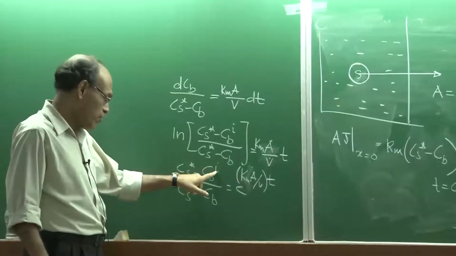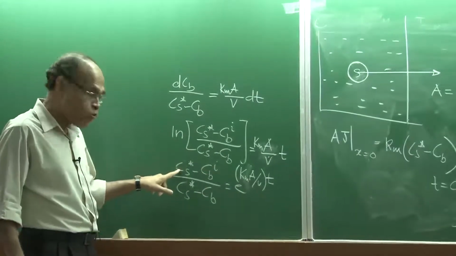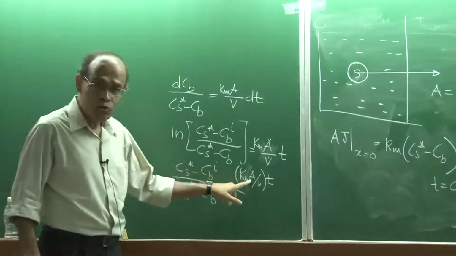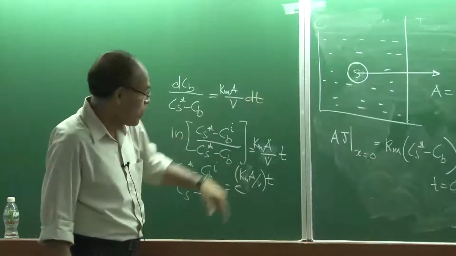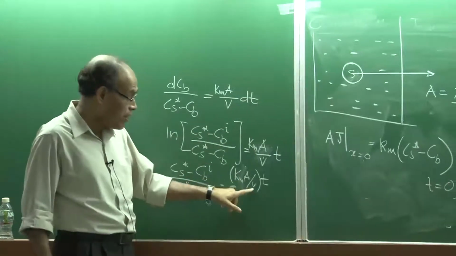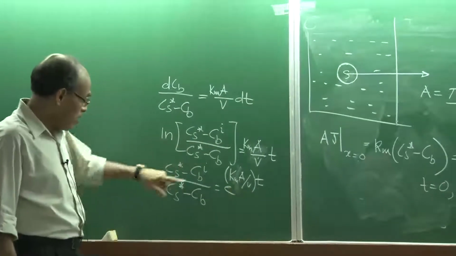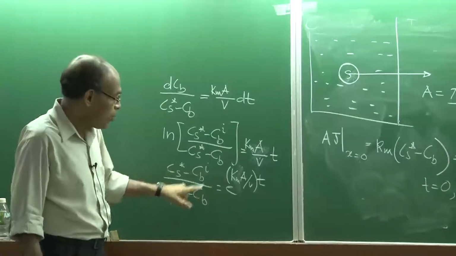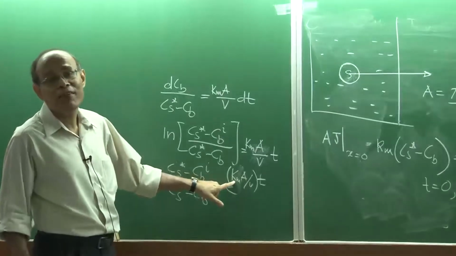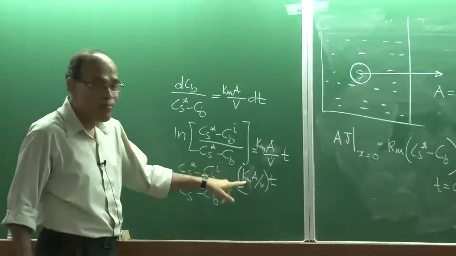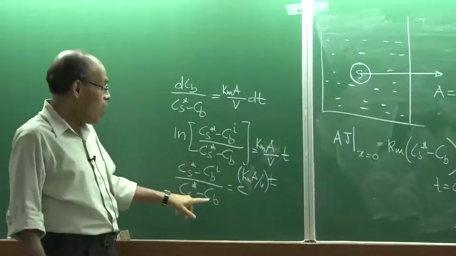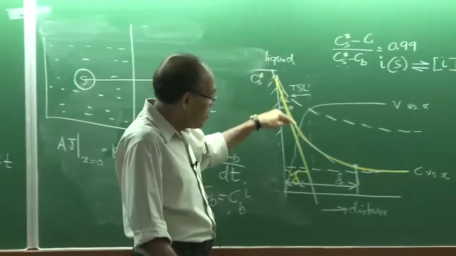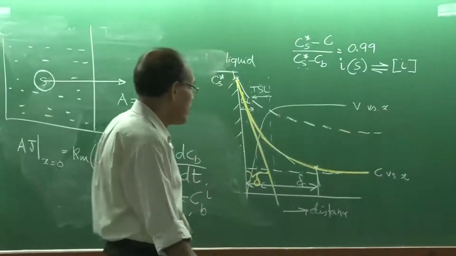Cbi is known from the initial condition of the problem. Cs star is also known to us because this comes from the reaction equilibrium. A is known because I have assumed it to be pi r square with the assumptions that I have stated. V is also known. So there are two unknowns here. Cb is to be calculated, and that is only possible provided Km is given to us. So given the value of Km, we should be able to find out how concentration varies as a function of time, and that's the way the graph is being generated.